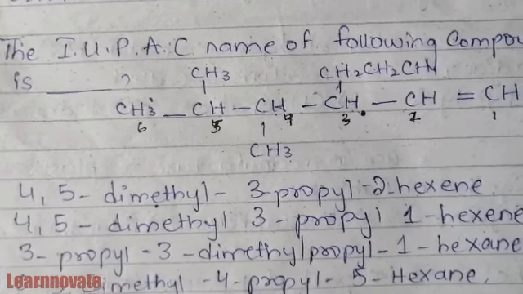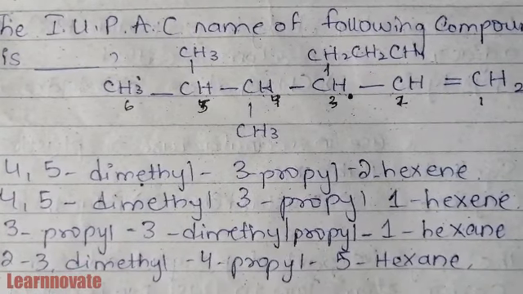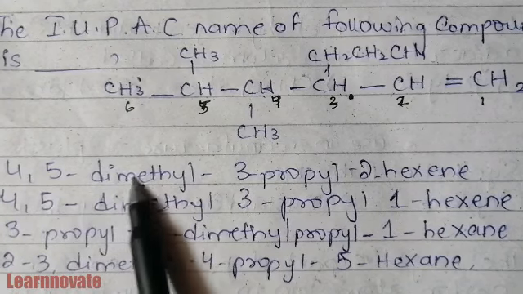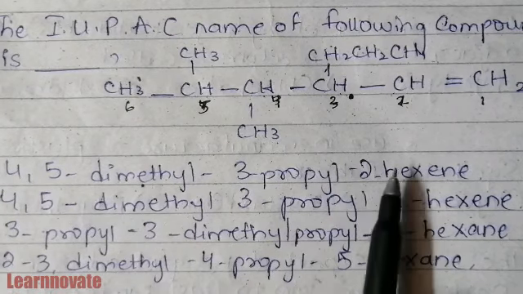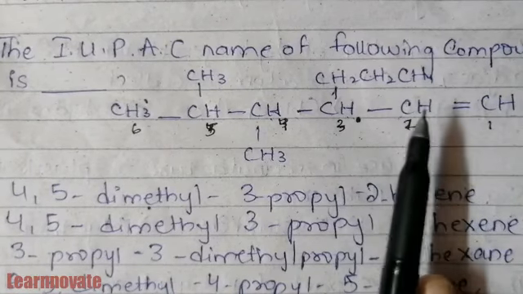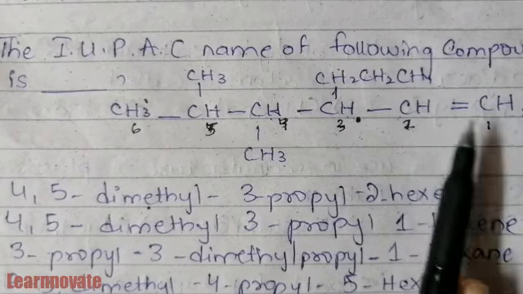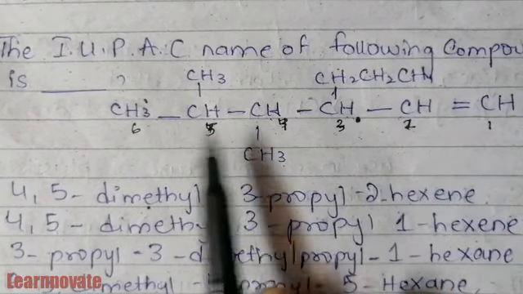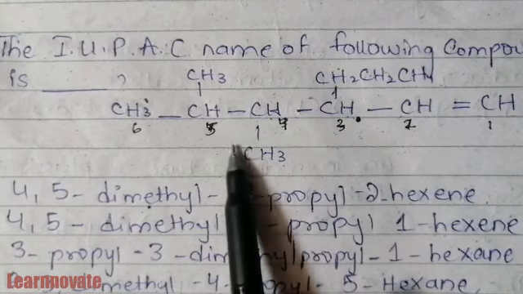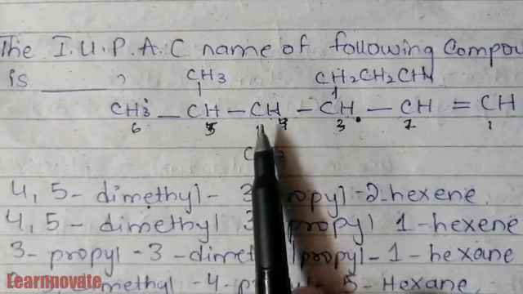I hope you noted that question and solved it, and the answer for this question is option number A, that is 4,5-dimethyl-3-propyl-2-hexene. How? I have written the numbering here. If you start the numbering from the double bond, that is here, so 1, 2, 3, 4, 5 and 6. At the third, fourth and fifth positions, there are branches attached.